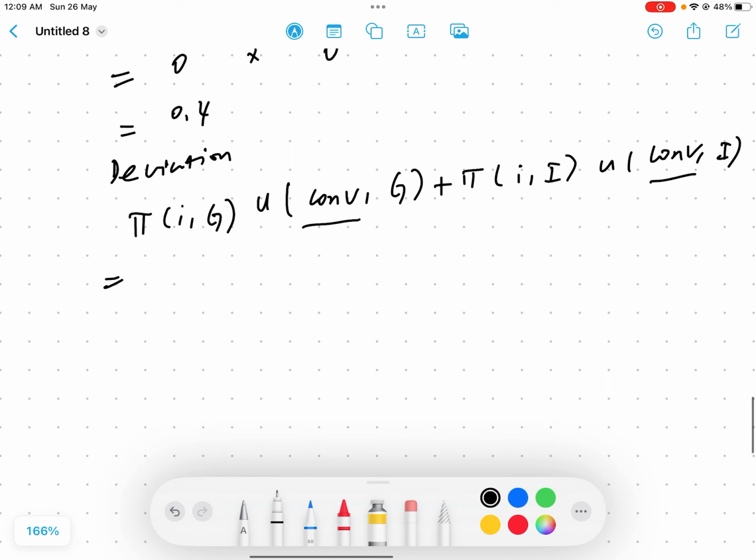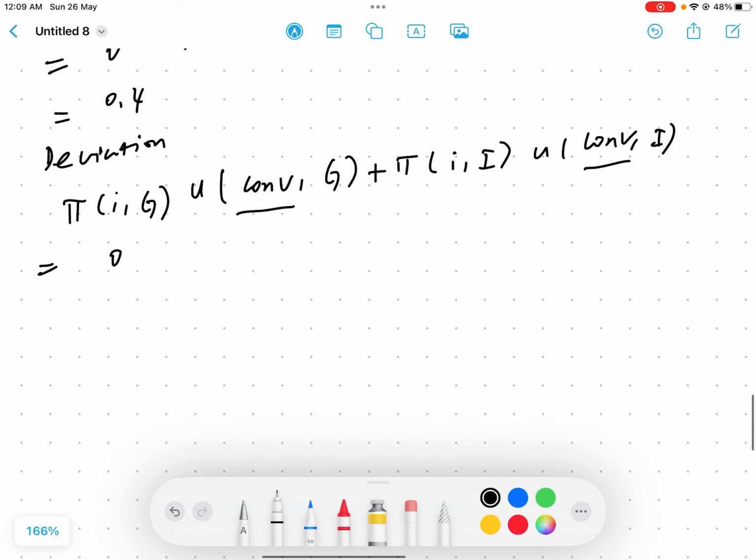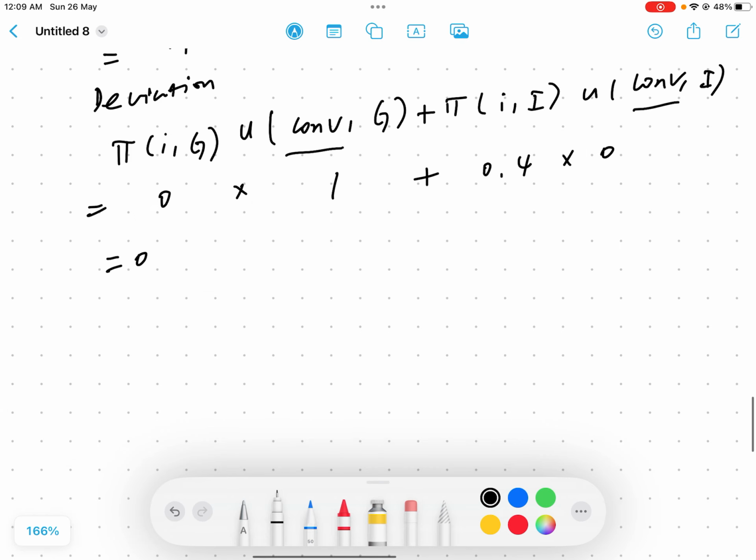So what is this? This is 0 times 1 plus 0.4 times 0, those numbers being given in the example previously. This is 0, and 0.4 is strictly greater than 0. So this also satisfies our definition.